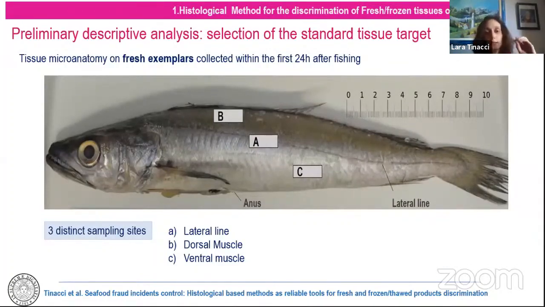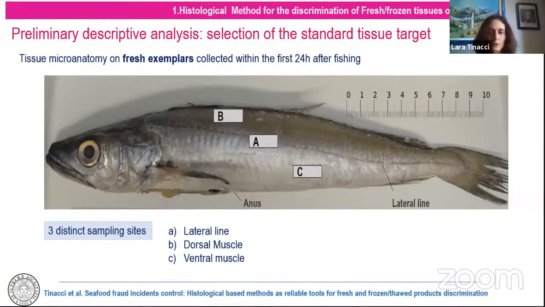The descriptive analysis of the microanatomy was conducted on 3 distinct sampling sites, specifically the one around the lateral line, a second one on the dorsal muscle, and the third one on the ventral muscle.